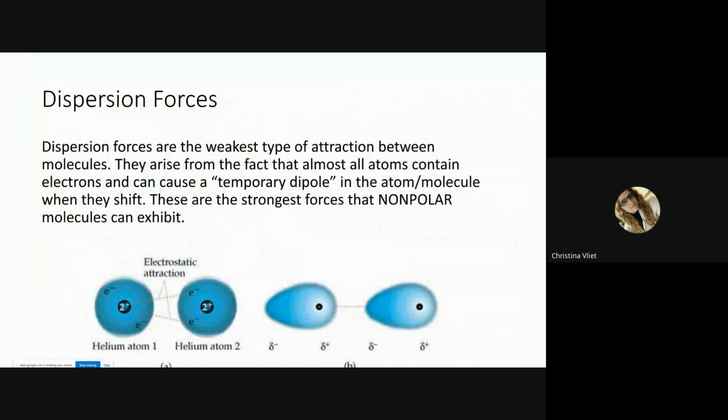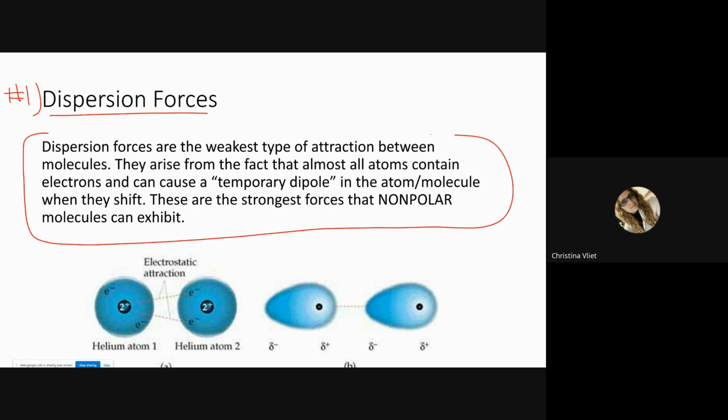The weakest force that exists, but exists for almost all substances, is called dispersion force. So you can write number one. There's three of them we're learning today. The dispersion force is the weakest type of attraction that exists between molecules. So everything here is important.